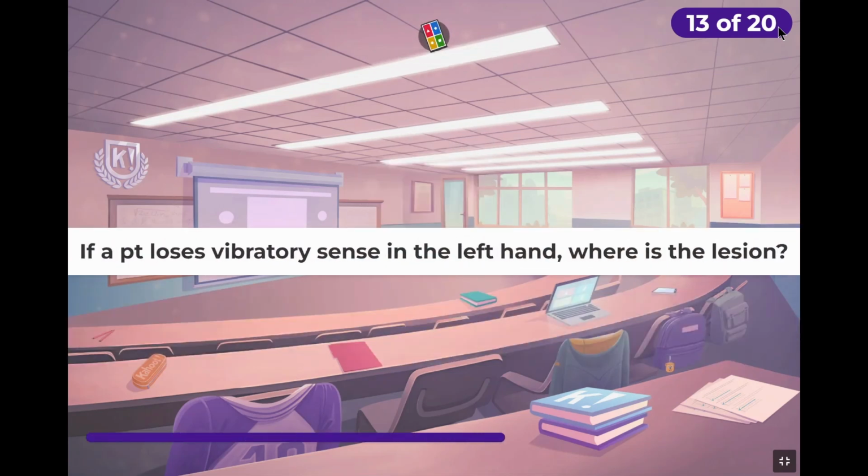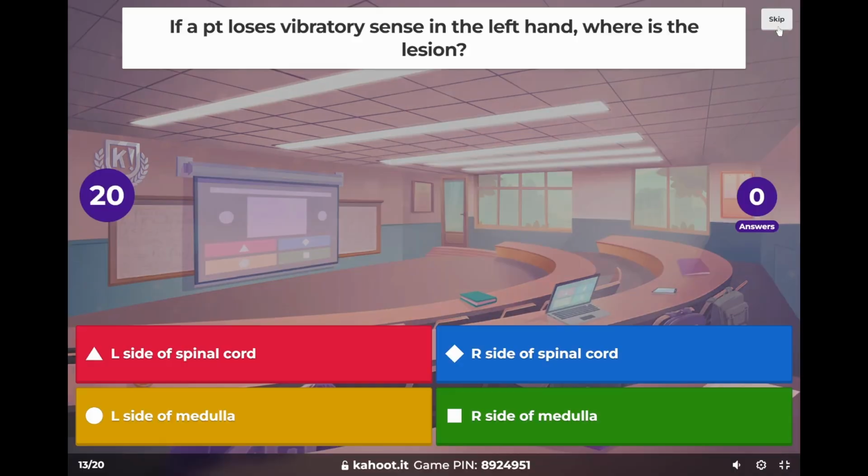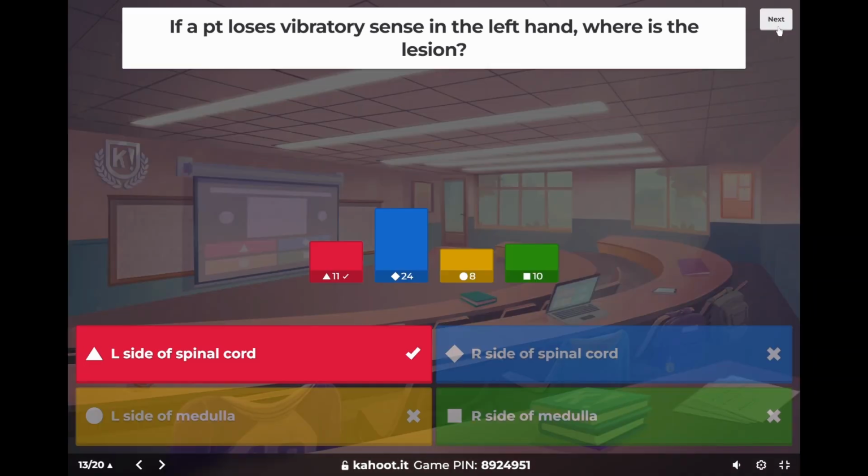Patient loses vibratory sense in the left hand. Where's the lesion? Okay, so vibratory sense follows what track?